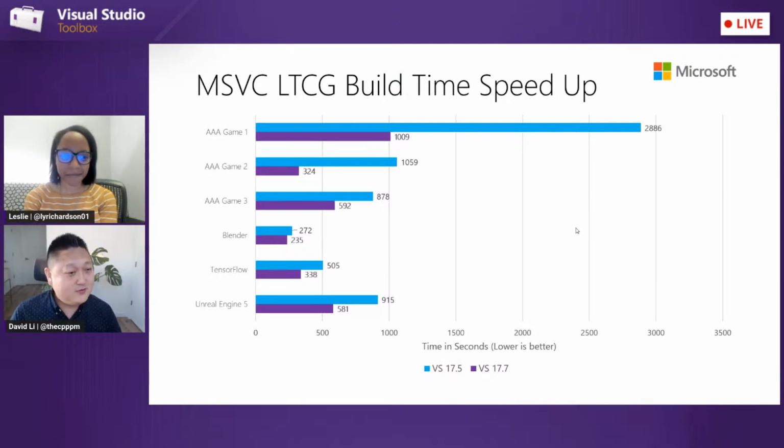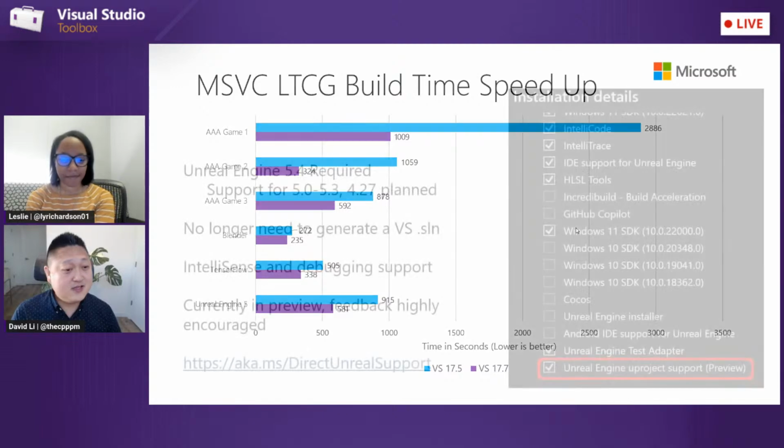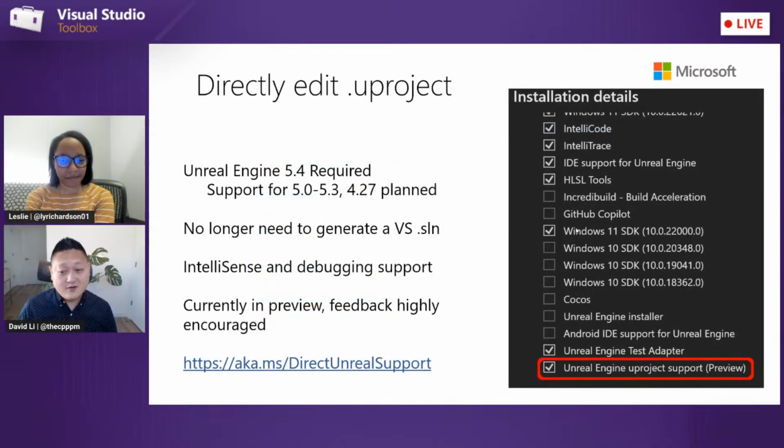Now let's get into Unreal Engine and C++. One of the first announcements that I have is now available as a preview feature. You can actually directly edit U projects. So no more generating a VS Solution. I know that's a workflow that many of you Unreal developers are used to out there.